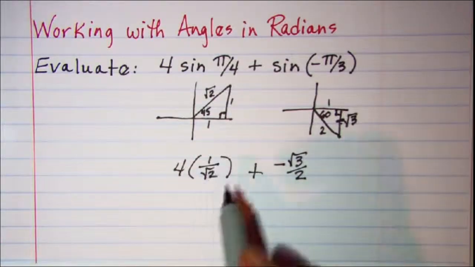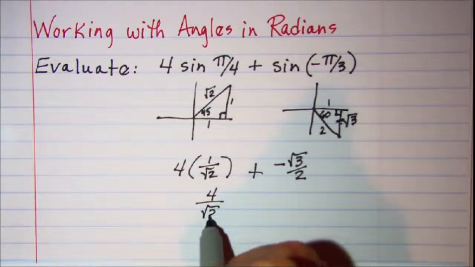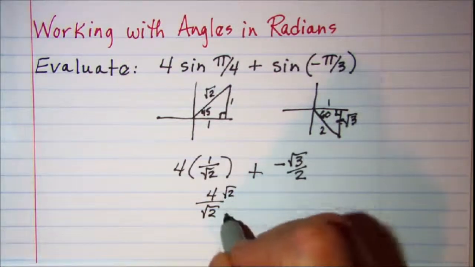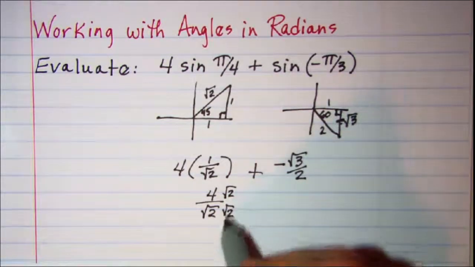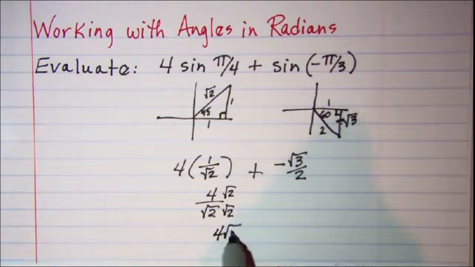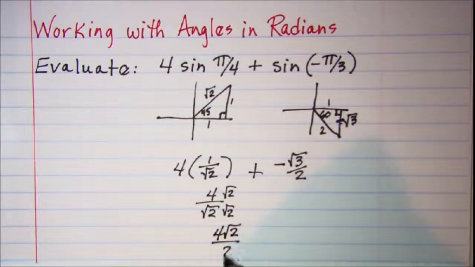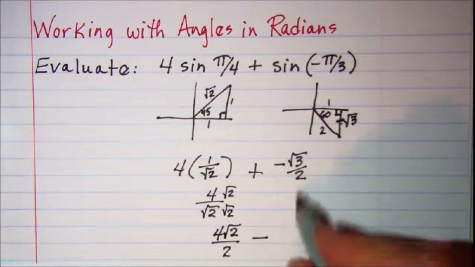If we multiply here, we'll get 4 over the square root of 2. And we need to rationalize this guy, so we'll multiply top and bottom by root 2. So I have 4 square root of 2 over 2. And then plus and minus is the same as minus.